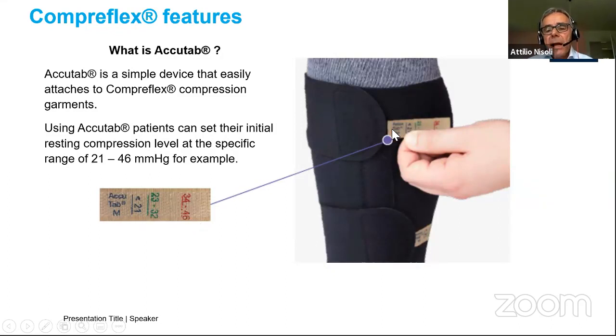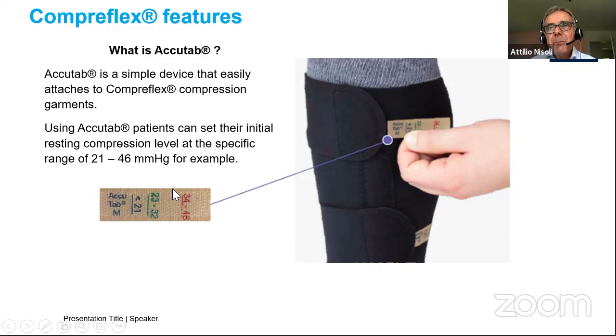We can apply them to the device, and we can adjust the straps to the prescribed compression pressure, what you prescribe, what is needed. So with the inelastic wraps, we have a reproducible compression pressure.